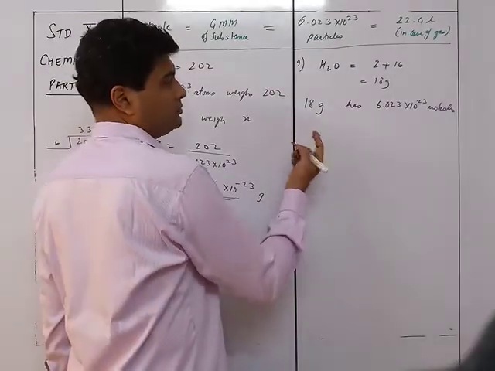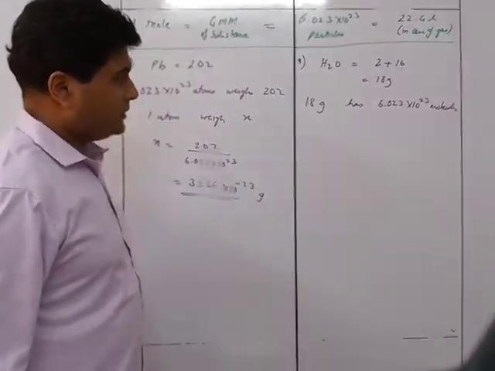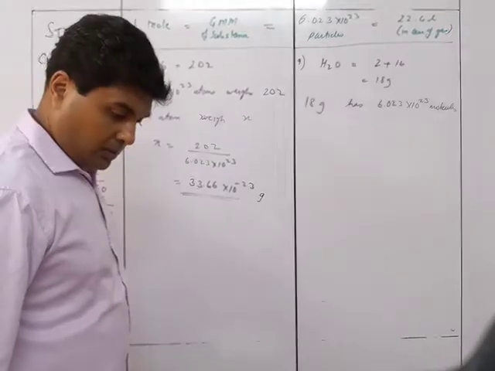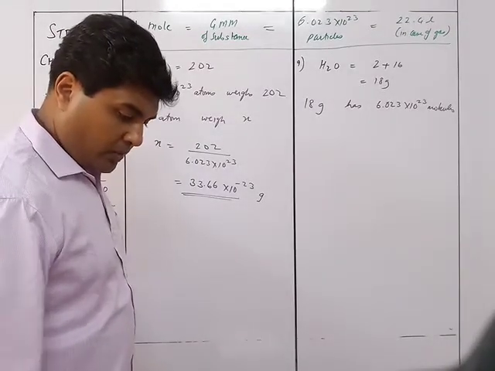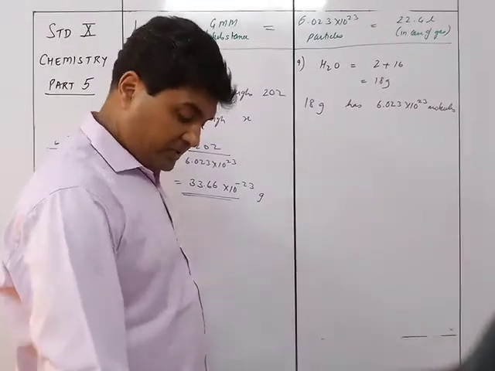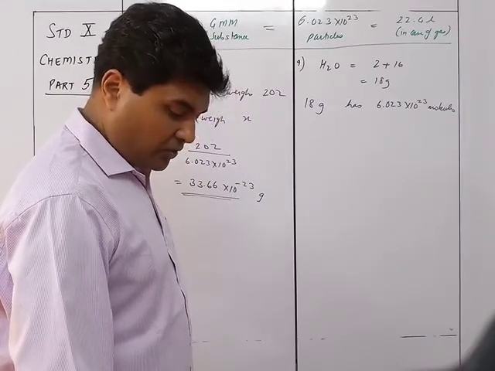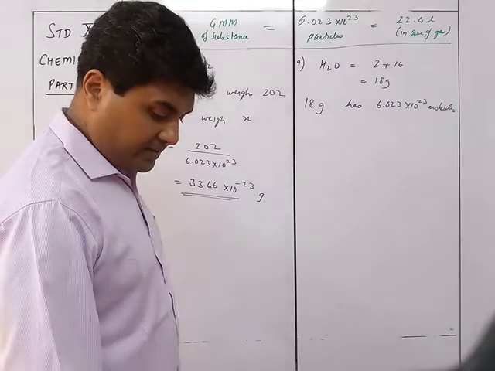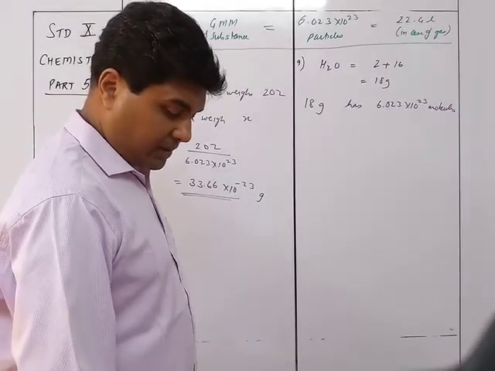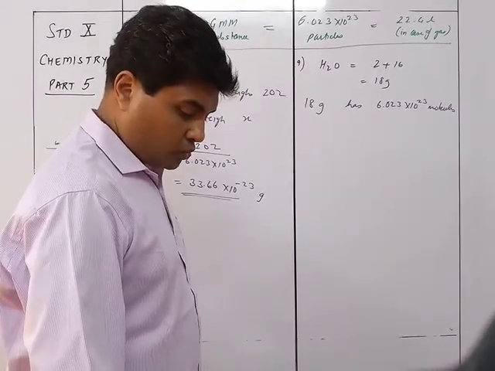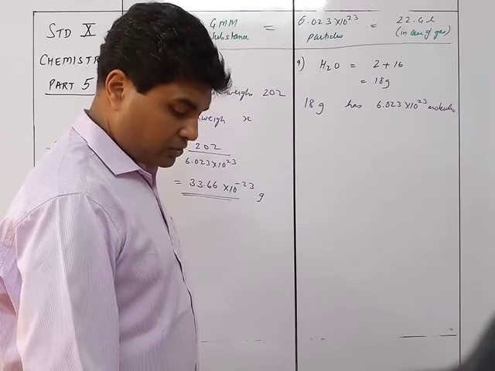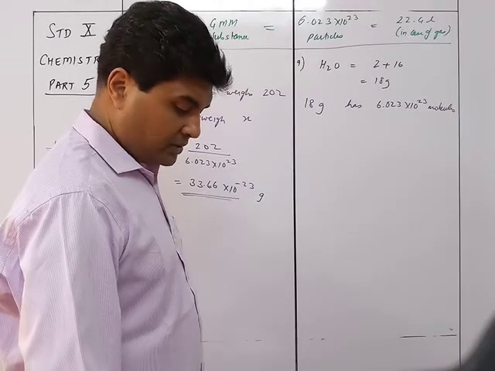Therefore, or we'll do one thing. We will have to take something different because density of water is 1 gram per cc. Therefore, mass of water is equal to volume into density. So volume is equal to density. Right.